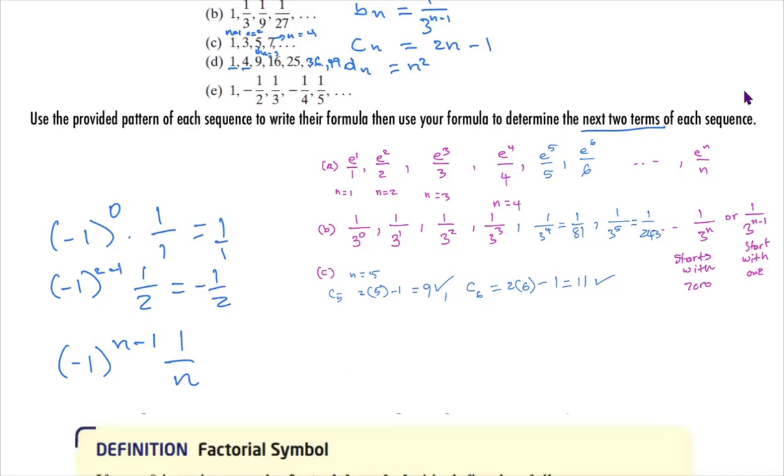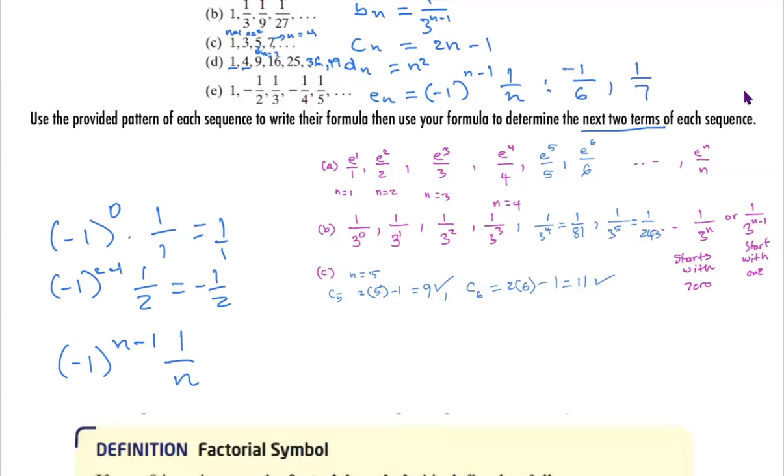So we can find that En will be -1 to the power n minus 1 times 1 over n, and the other two terms would be negative 1 over 6, and then 1 over 7.